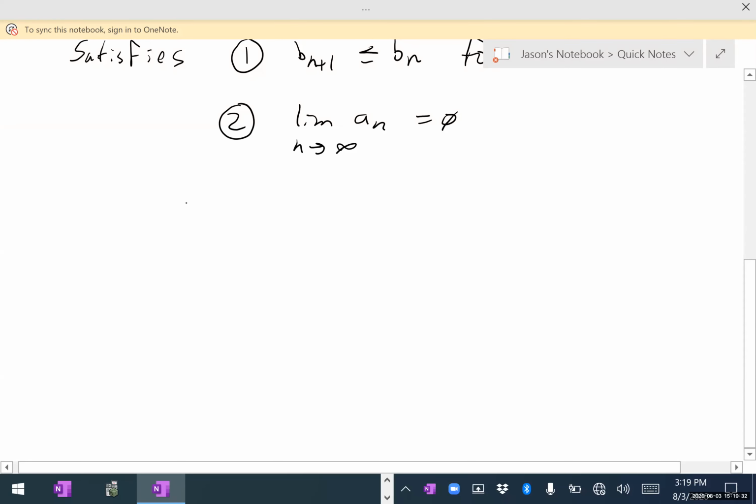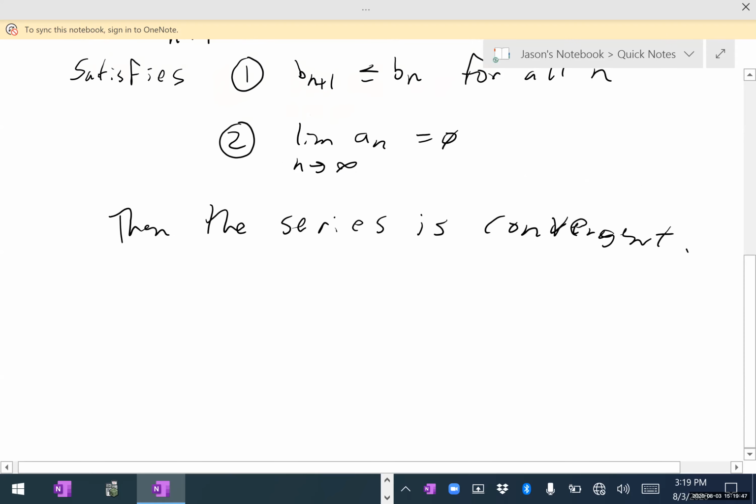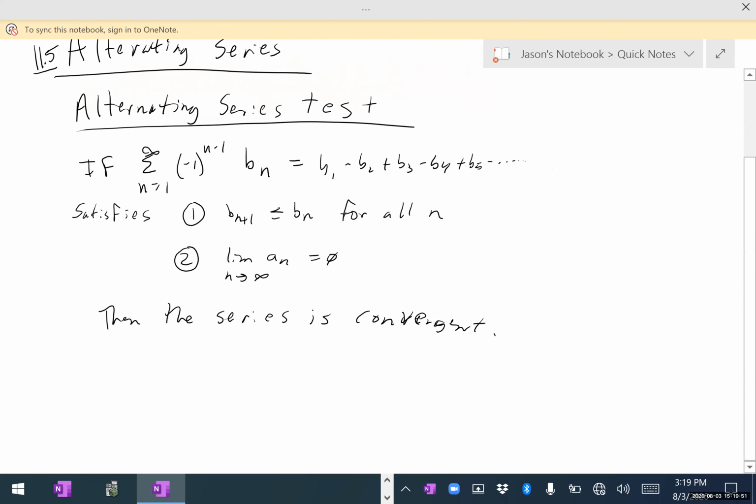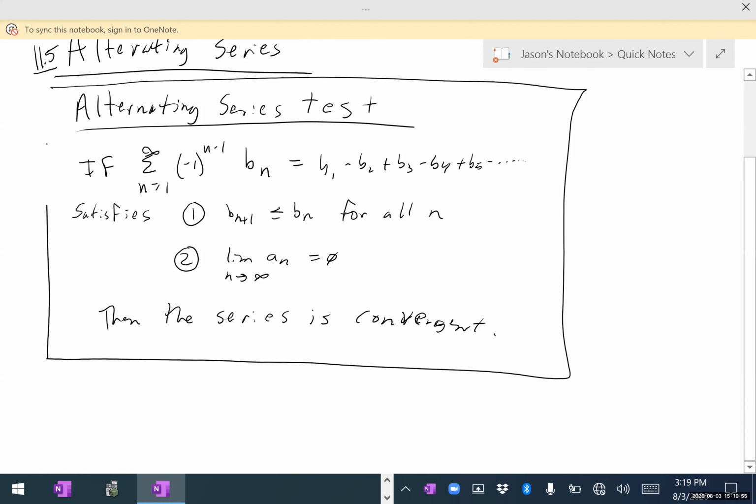So then the series is convergent. This is called the alternating series test. If that's true, then the series is convergent.